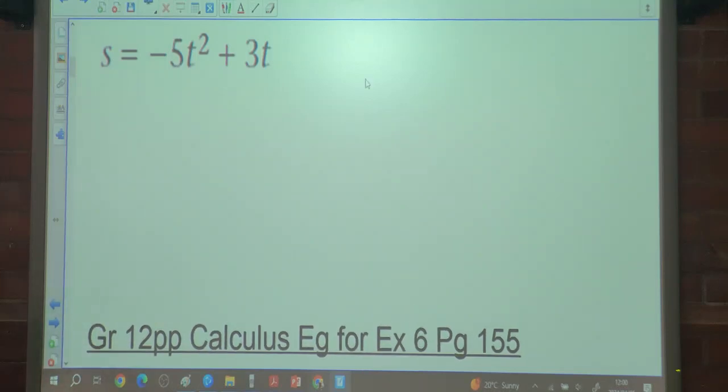Right, I think this is the last one. People, that is not the 5, that's an s. s is equal to negative 5t squared plus 3t. Apply the derivative very quickly. It's really simple.